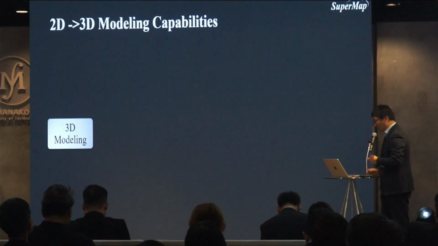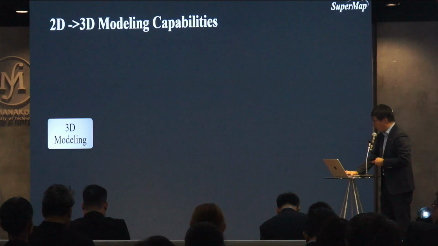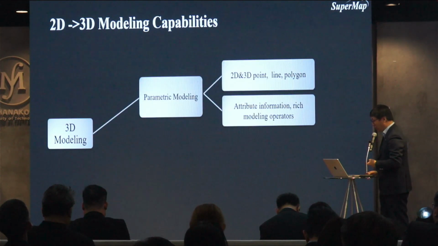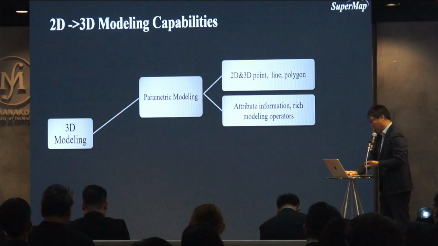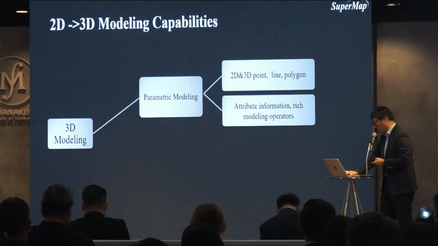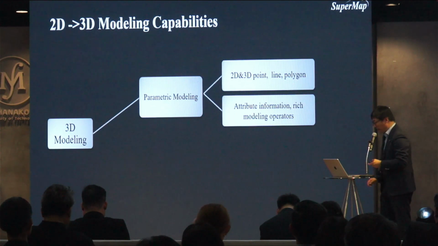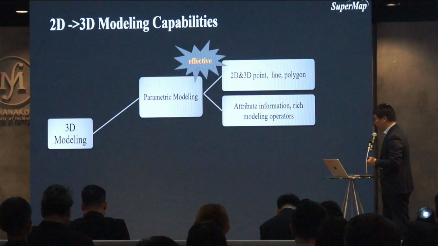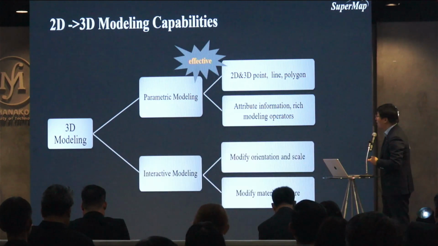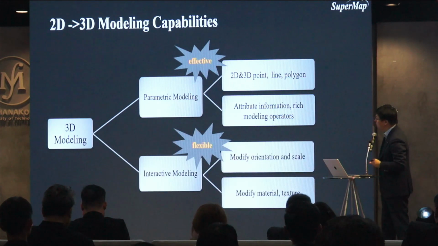3D GIS technology also supports the creation of digital twins for social, natural, and built environments by offering a variety of geo-designing and modeling tools. We also provide users with 2 3D modeling capabilities. The first one is parametric modeling.